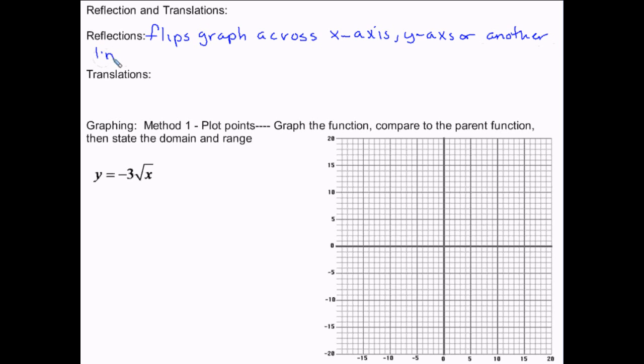It can flip the graph along the x-axis, the y-axis, or another line, and these are all called lines of reflection.